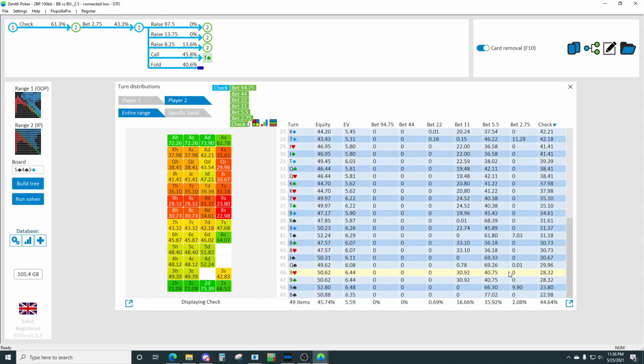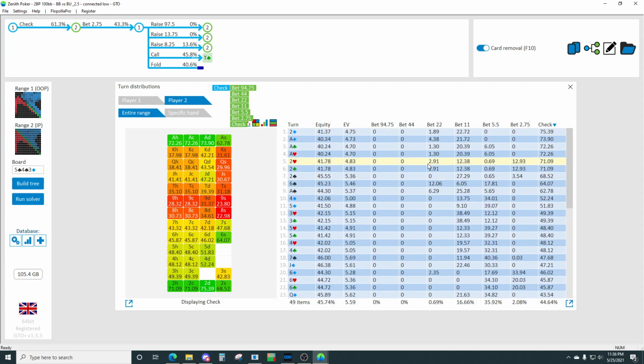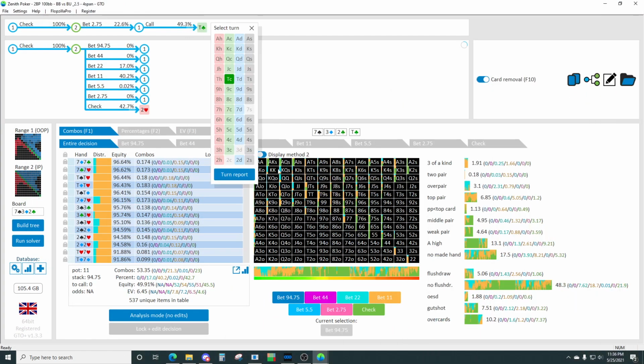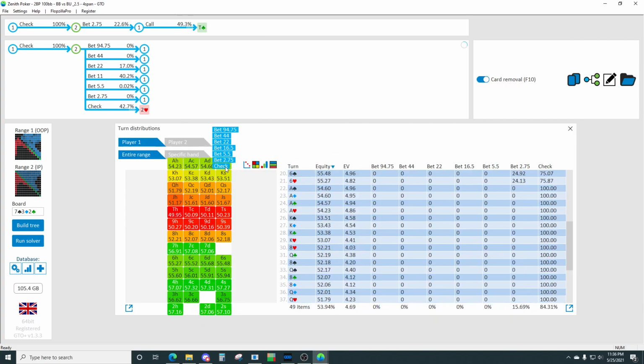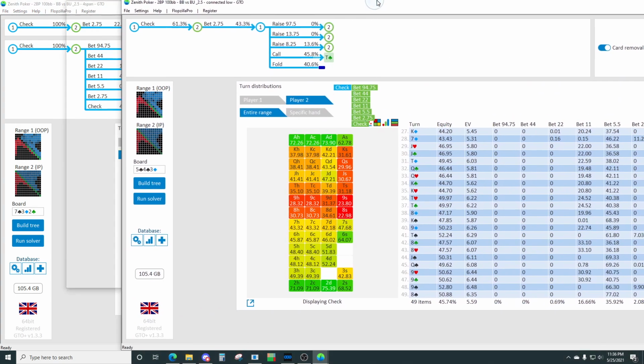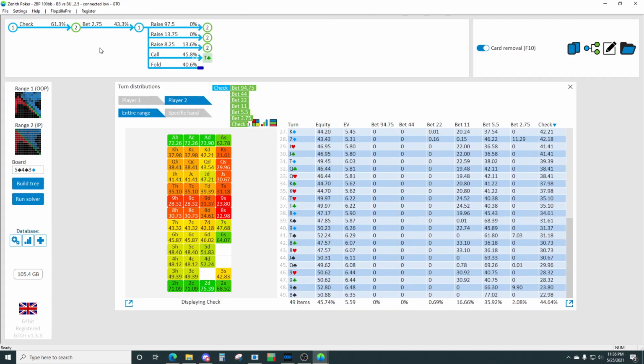The spades getting bet more often, right? So this is sort of the thing you guys should be looking for: overall frequencies and equity shifts in each line.